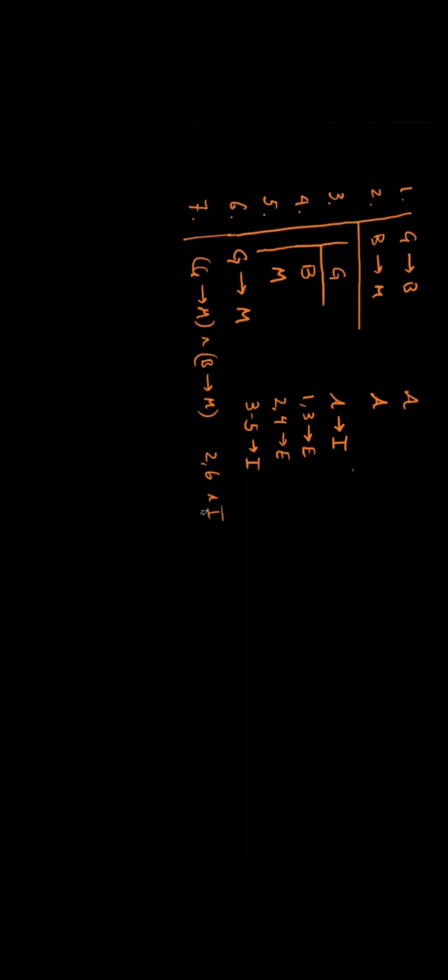That's a perfectly legitimate step to take if I wanted to derive this longer sentence. However, what I cannot do, I cannot, for example, on line 7, write down M from 3 and 6 by arrow elimination because 3 is beside this secondary scope line that I've already discharged at line 6.